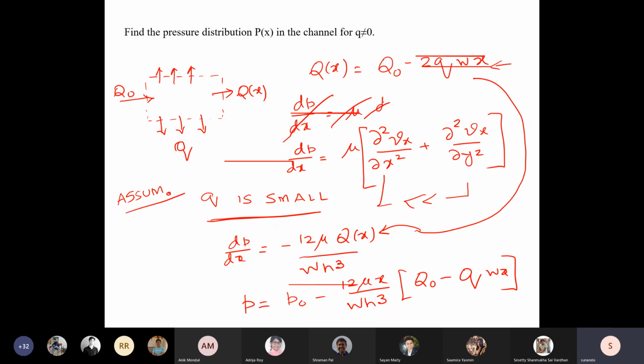So when you make the right assumptions and identify the conservation equation and the assumption over here, it becomes a rather simple problem.